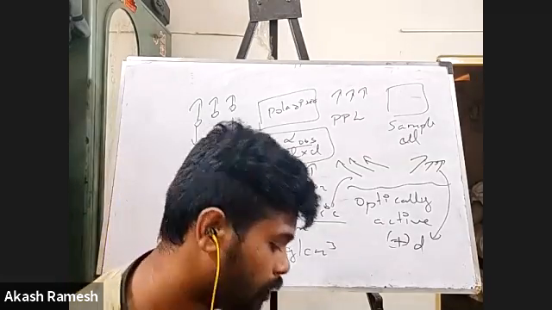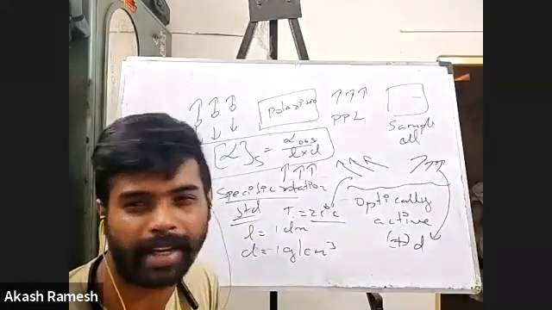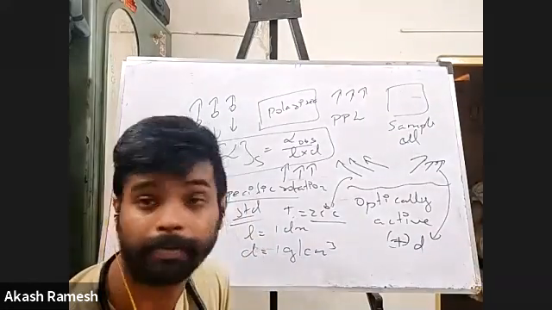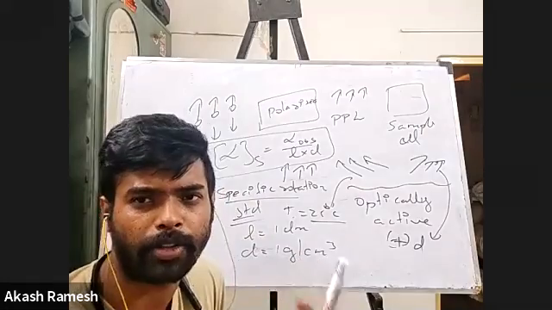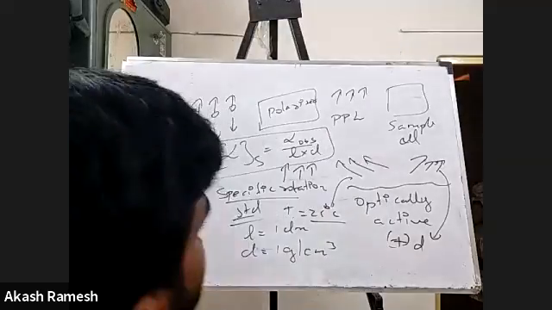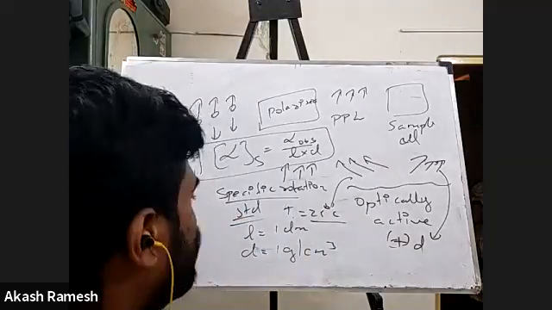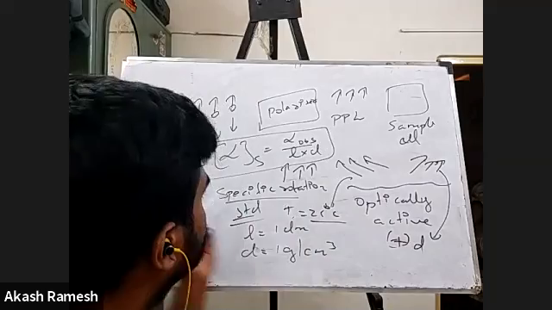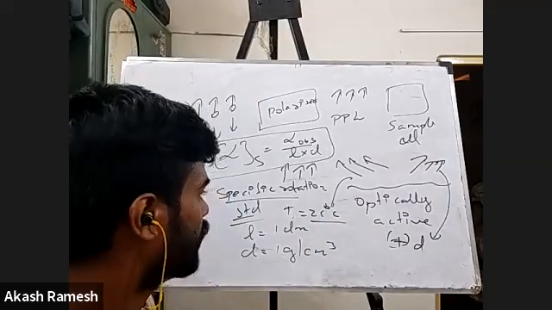Cool, right? I have seen very rarely problems coming from this, but still, if it comes, it's a simple formula, you substitute and get the answer. Fine. So that is about all the instrumentation part of this optical activity.